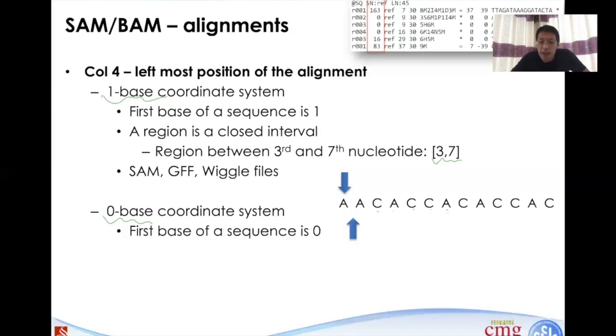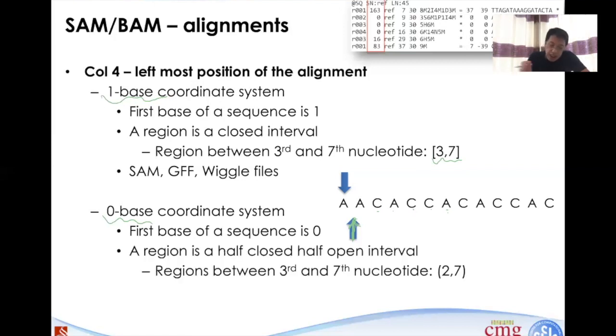For the zero-base coordinate system, the first base of the sequence is considered as 0. As a matter of fact, what it points to is the number of the gaps that you are pointing to. That's why a region is a half-closed and half-open interval.